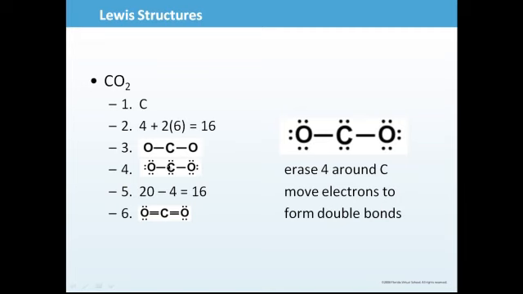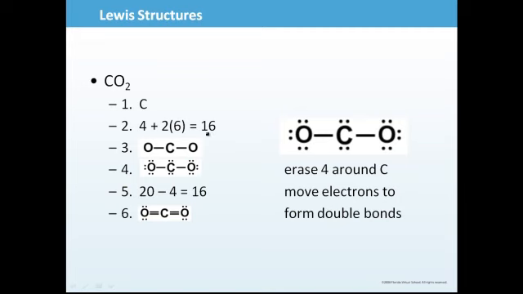Now the carbon in the middle, since it's got 4 involved in the bond, only needs 4 more. So we've got 2 on top, 2 on the bottom. Now if we count all of the electrons involved, we've got 2, 4, 6, 8, 10, 12, 14, 16, 18, 20. 20 electrons total have just been drawn in that structure.